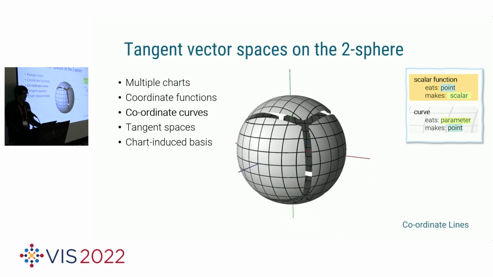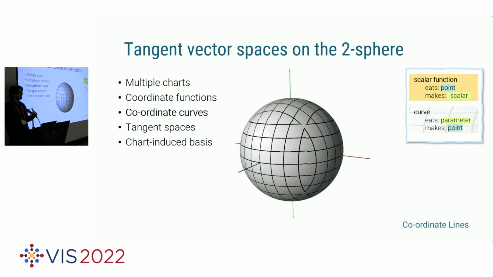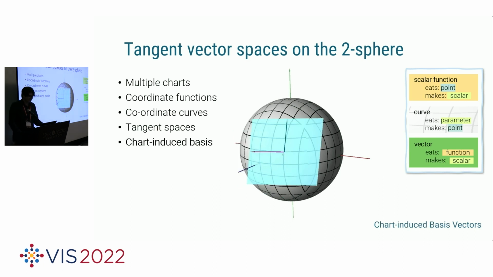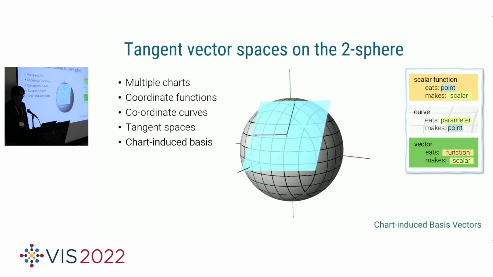When we now look at tangent spaces, we have to remember that at every point on the sphere, or on the manifold, we have a tangent space. And this is where the vectors live. So the vectors are the elements of the tangent spaces. When we move over the sphere, at each point we have to think of this linear space that is attached to it.